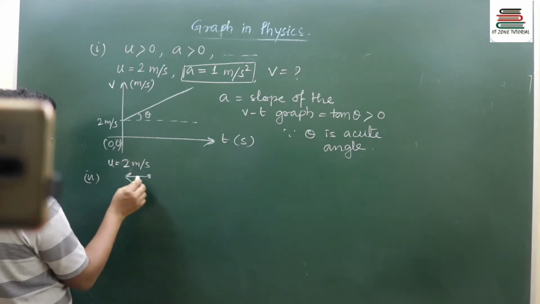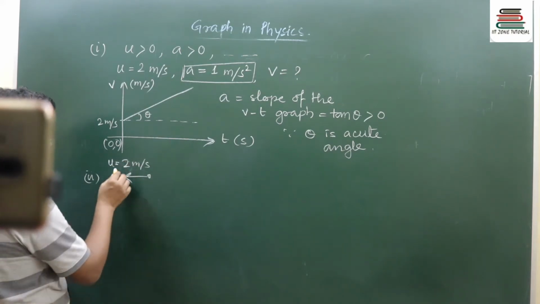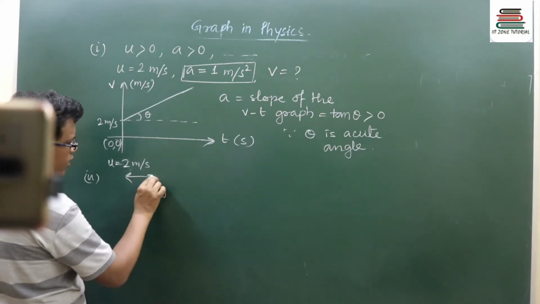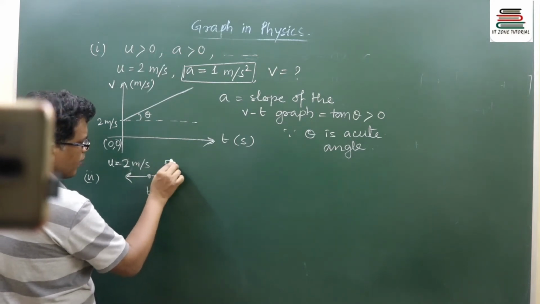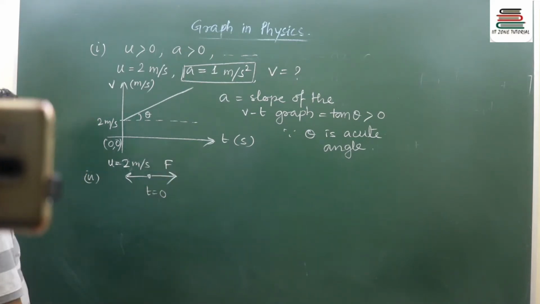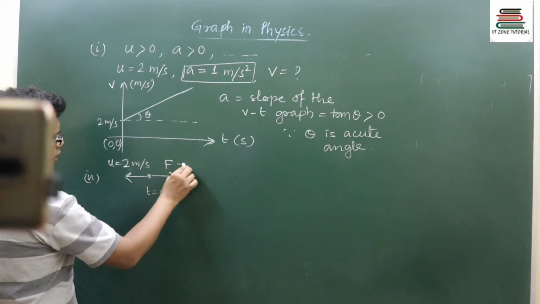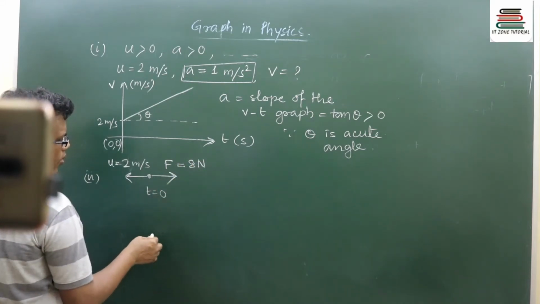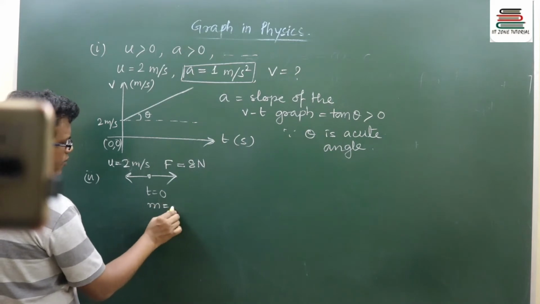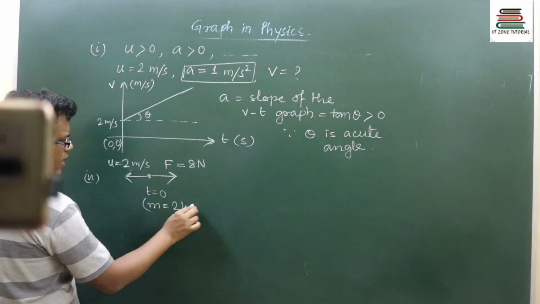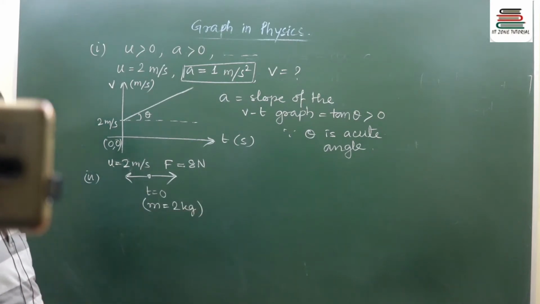It is trying to move in this direction with the initial velocity, but from the starting instant t equal to 0 onwards, some force is applied in this direction. Then what will happen? For example, the force is given as 8 Newton, and the mass of the particle is, for example, 2 kg.